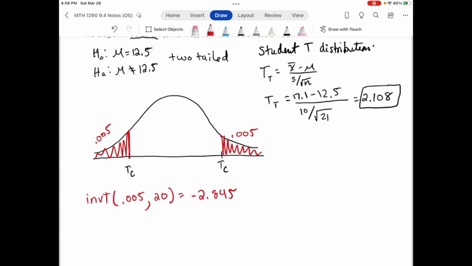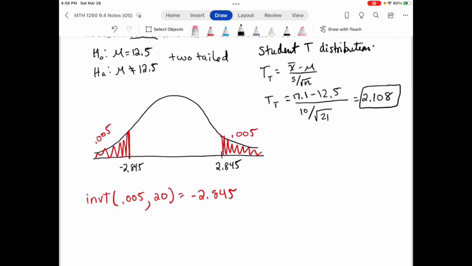Okay, when I hit enter on my calculator, I'm going to get that this is negative 2.845. So for this side over here, this t critical is negative 2.845. And then because it's symmetric, this is going to be the same thing on the other side, just positive 2.845. So there's my rejection region set up.